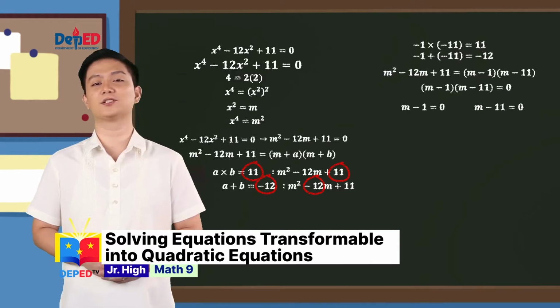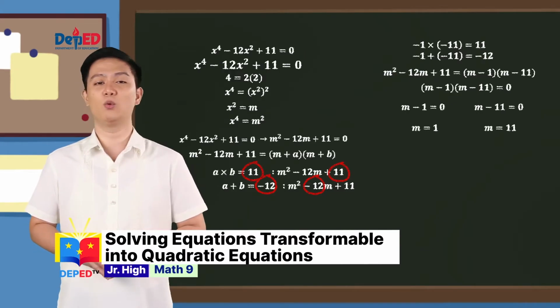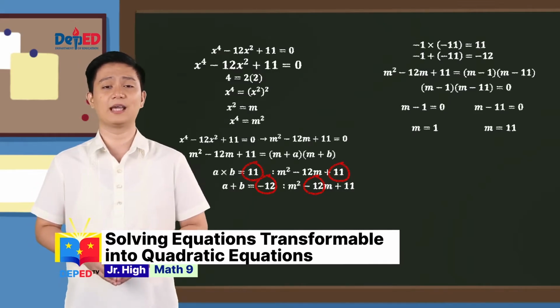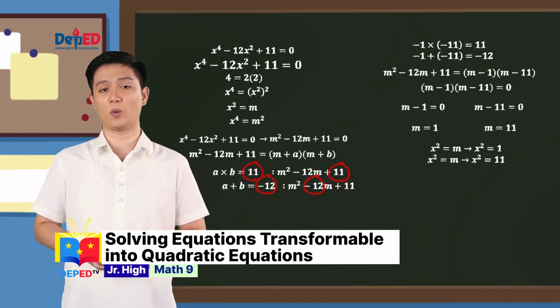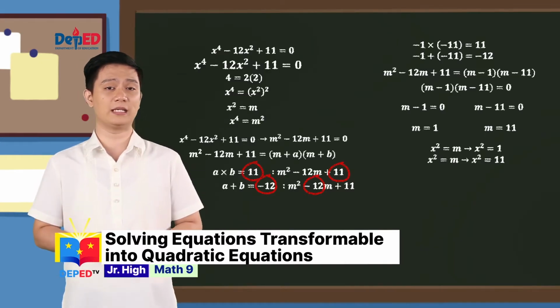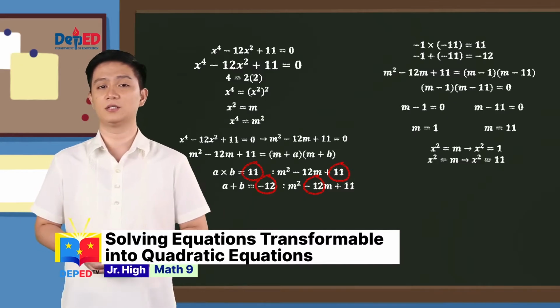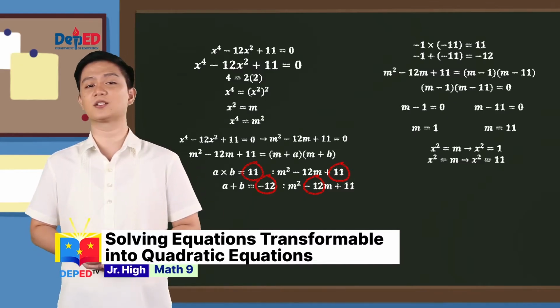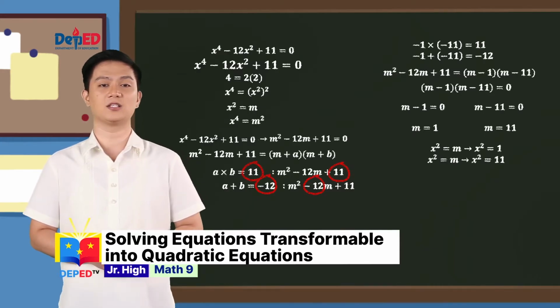Equating each factor to 0, we must get that the values of m are 1 and 11. And by substitution, since we let m be equal to x squared, x squared must be equal to 1, and x squared must also be equal to 11. These are quadratic equations of the form ax squared equals k, where a is 1.